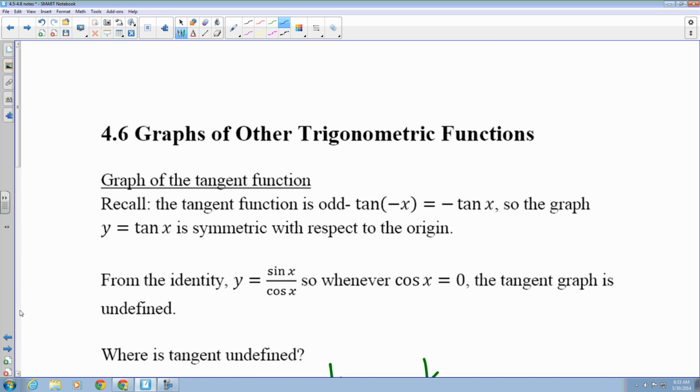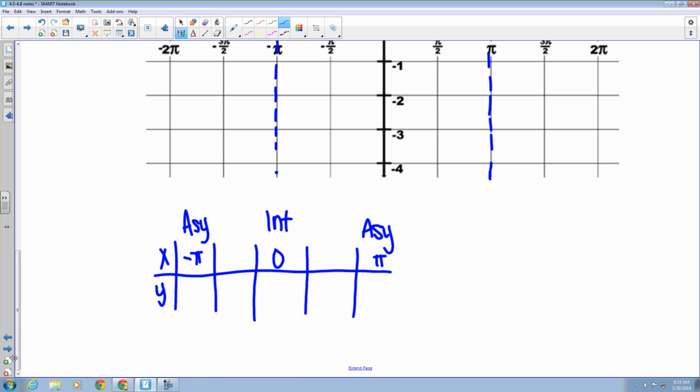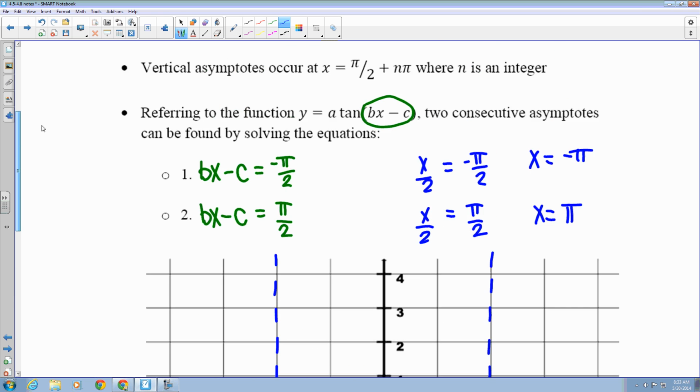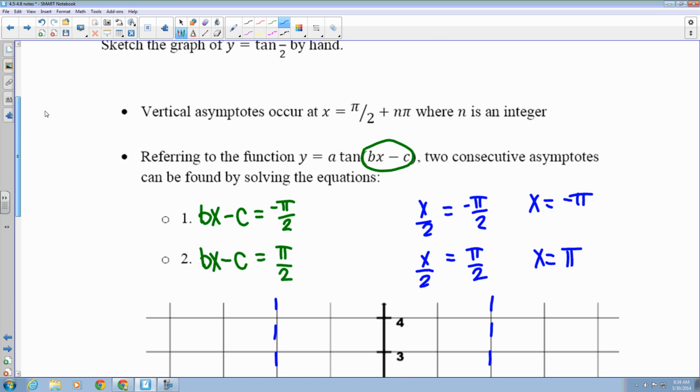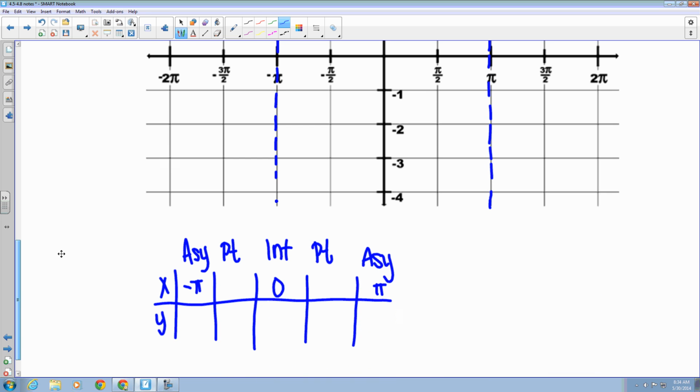And the other 2 points of our tangent function are just going to be points that we're going to end up graphing. And remember what I said on the last page, whatever number is in front of your tangent function is going to be what that point is. In this case, 1. The tangent function is always going to be increasing, so we have to remember that one of these points is going to be positive and one of them is going to be negative.